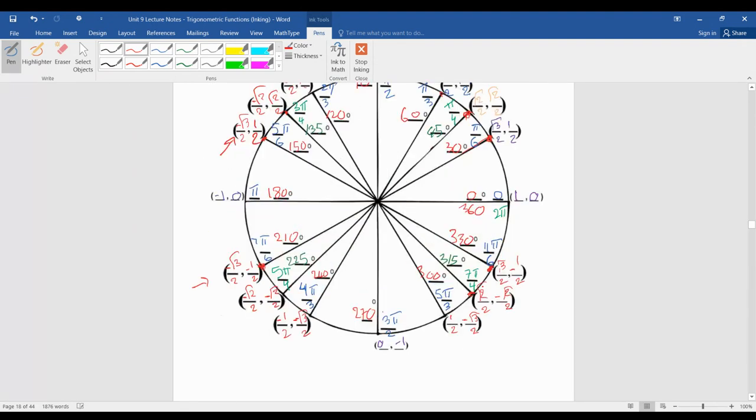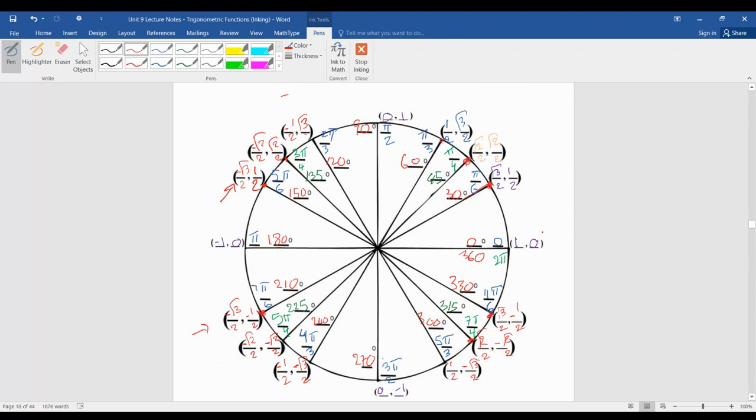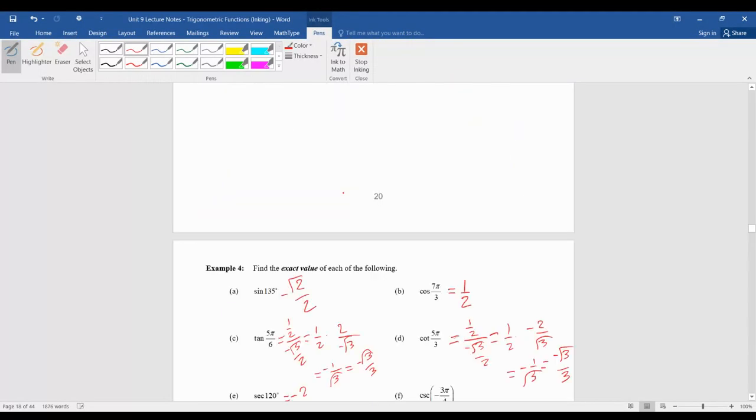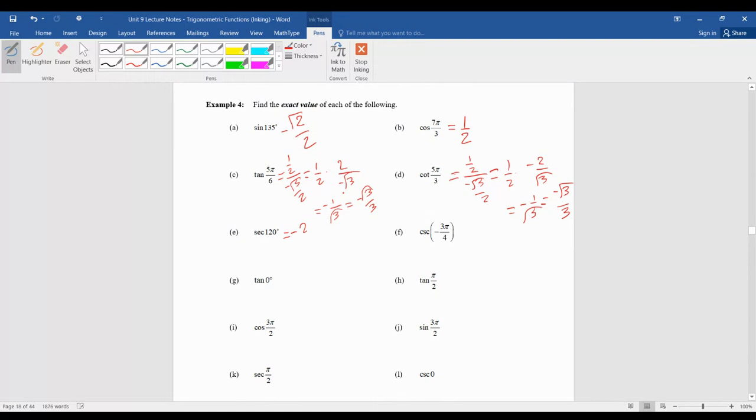Cosecant of negative 3 pi over 4. Cosecant is the reciprocal of sine. So we need to find the sine of 3 pi over 4. Sorry, I made a mistake.